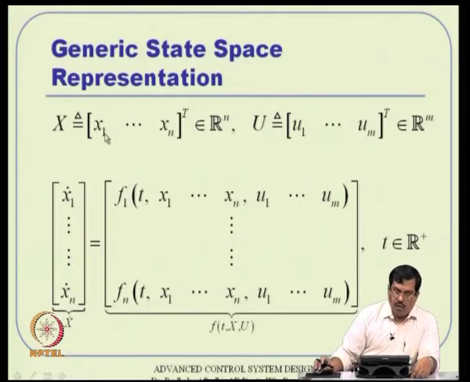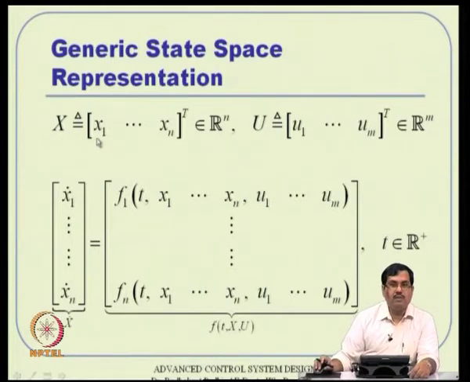And also one more point, if it is written in small letters, that means it is a scalar component. If it is a big letter, it is a vector. That is also a notation we will follow throughout this course. If it is a big U, that means by default it is a vector. A small u with a subscript, u1 and u2 and all that, these are all scalar components.